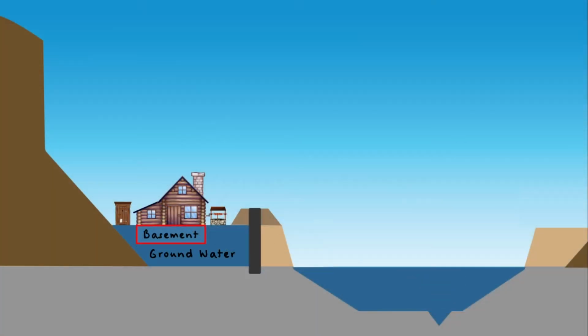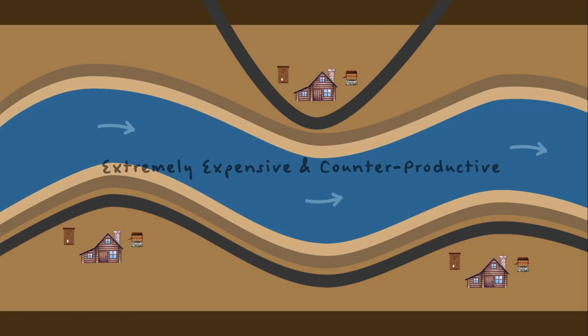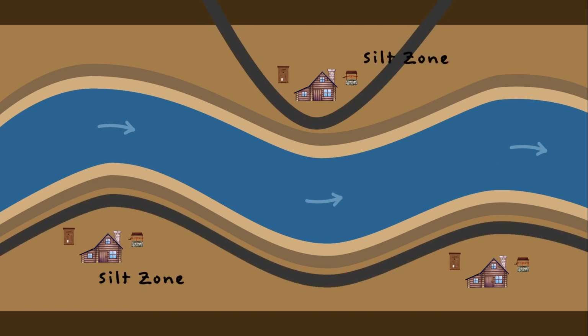And bingo, we've got seepage into the basements again, probably even worse than what we have in the very infrequent flooding we have. So that's where it becomes extremely expensive and counterproductive for us to put cutoffs or barriers in the silt zones: to keep the river from coming in, it stops the groundwater from getting out.